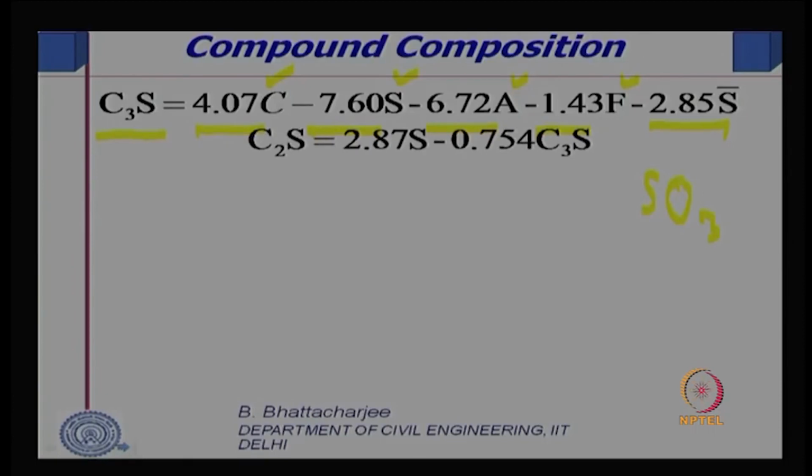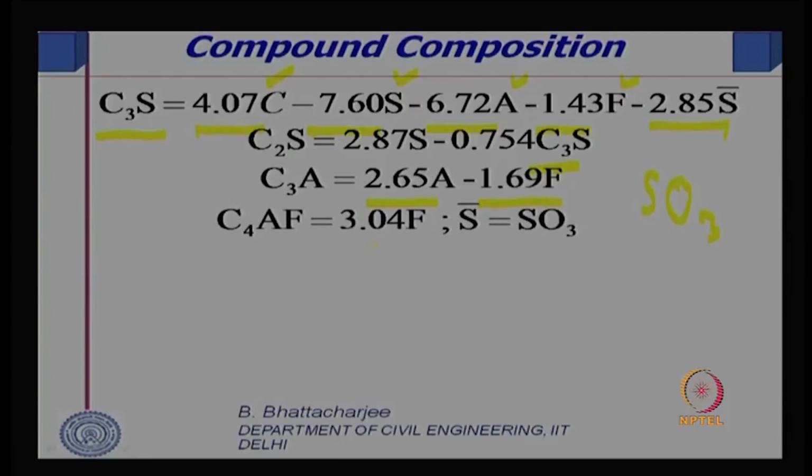C2S is obtained as 2.87 S, that is the SiO2 content, minus 0.754 C3S. So, if you first calculate C3S, then from this you can find out C2S, and C3A quantity you can find out from 2.65 aluminum oxide minus 1.69 iron oxide. C4AF is found out as 3.04 F. S, of course, is SO3 as I mentioned.